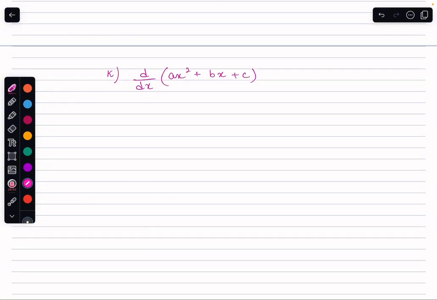So let's differentiate the equation ax square plus bx plus c. So no problem. I know that the coefficient of x square, which is a in this case, should get multiplied by the power 2, giving me a 2a. X square, that is 2 minus 1, that will give me just a 1. And then plus b, we know that the power of x here is a 1.